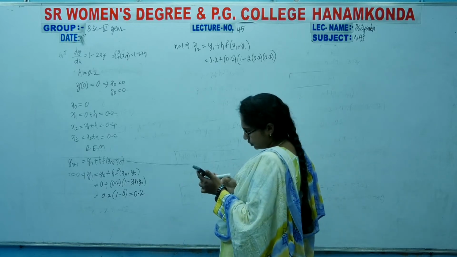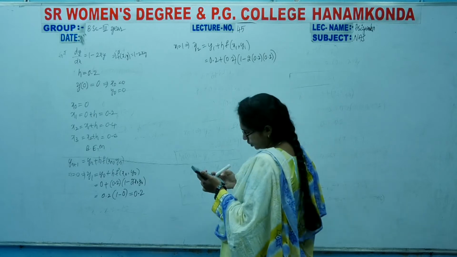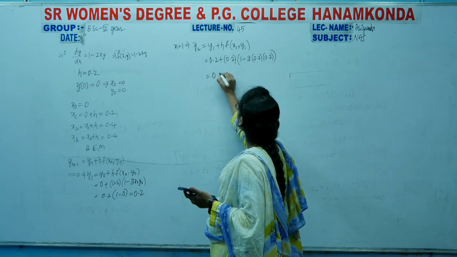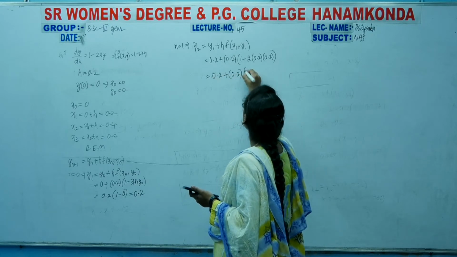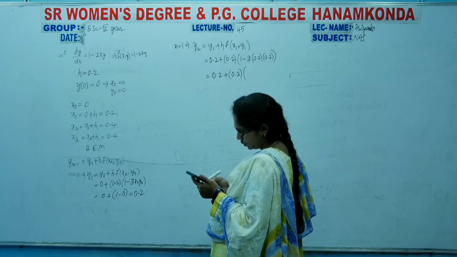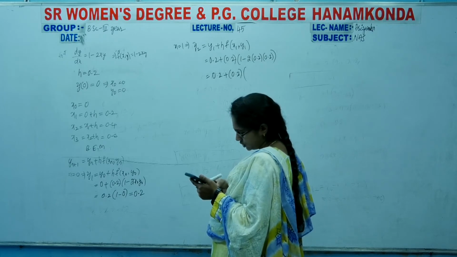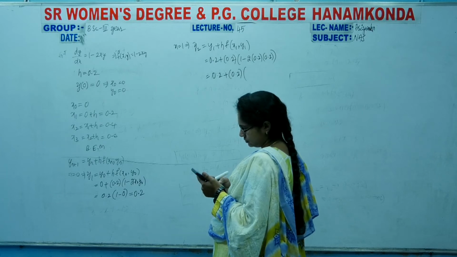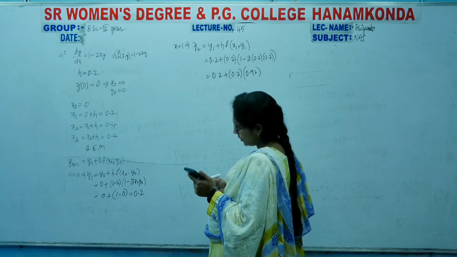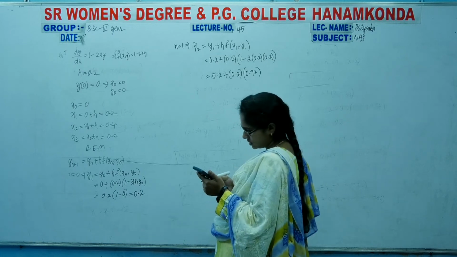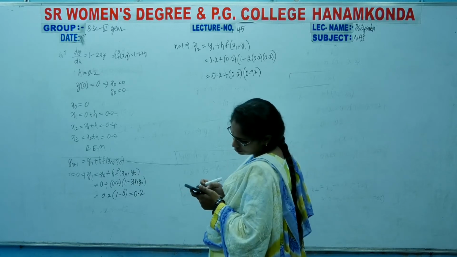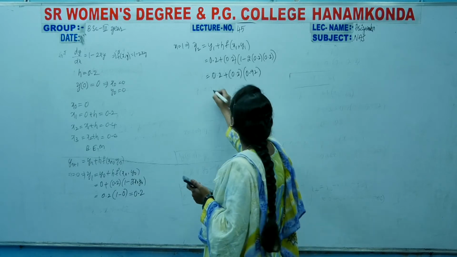First of all, 0.2 whole square into 2, 1 minus open bracket 2 into 0.2 into 0.2, 0.92 into 0.2 plus 0.2, is 0.384.